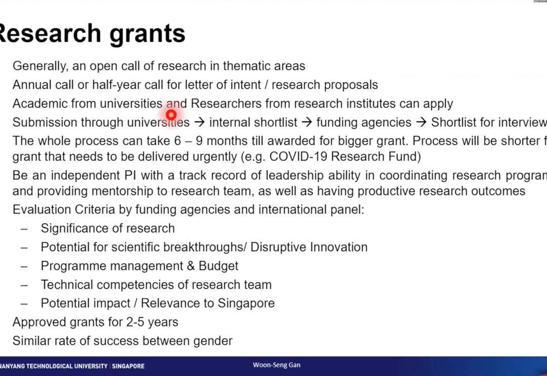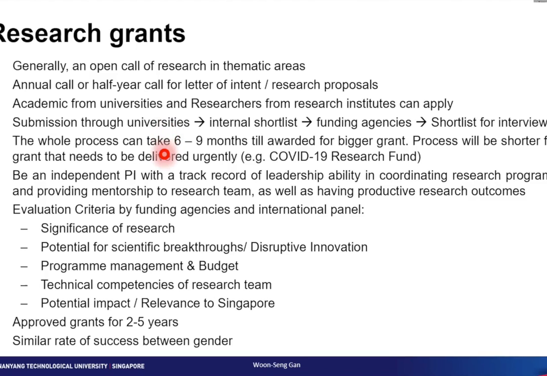Academics from both the universities and researchers from the research institutes can apply for this type of grant. The submission is through the respective universities, and there is an internal shortlisting process by the universities, followed by the funding agencies, who then invite external experts to review the proposal, followed by a shortlist for interview.